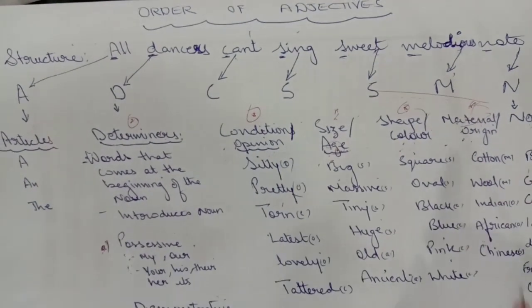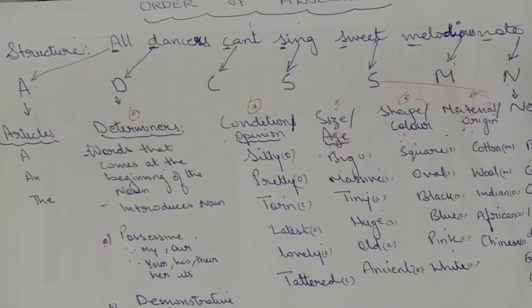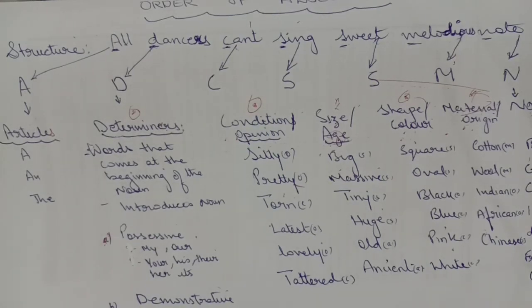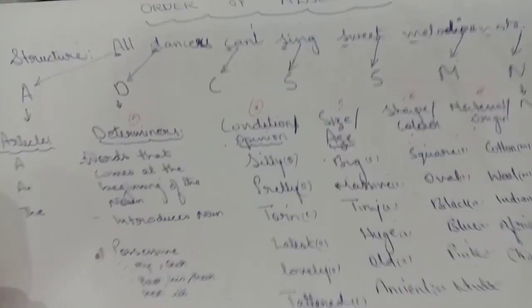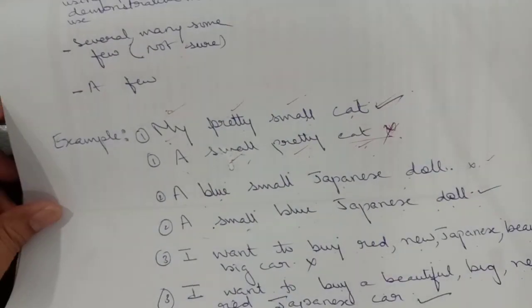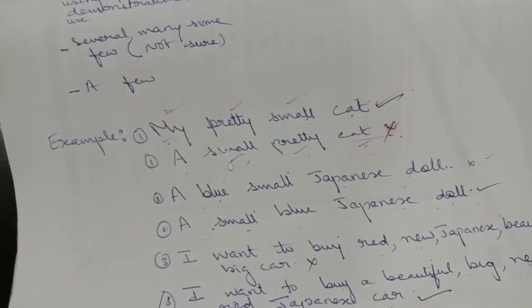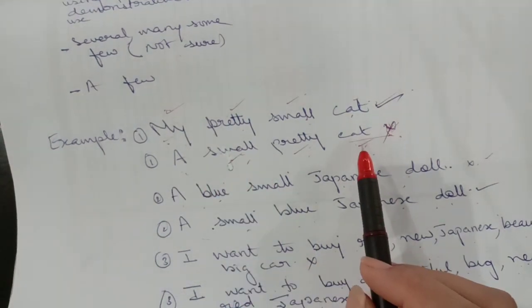When you're describing a noun, use this sequence of adjectives to describe it, because this is the correct sequence, and you can use at least 3 adjectives to describe a noun. Now see, for example, if you're saying a small pretty cat, this sequence is wrong. Why?